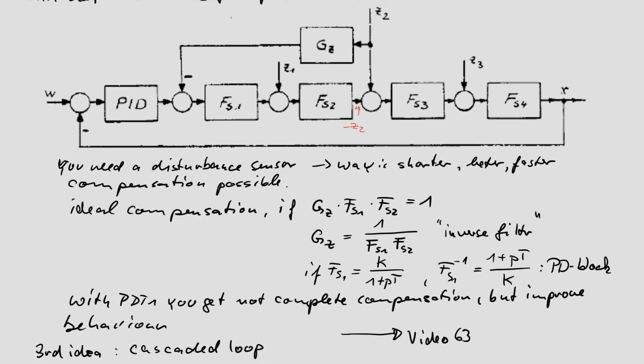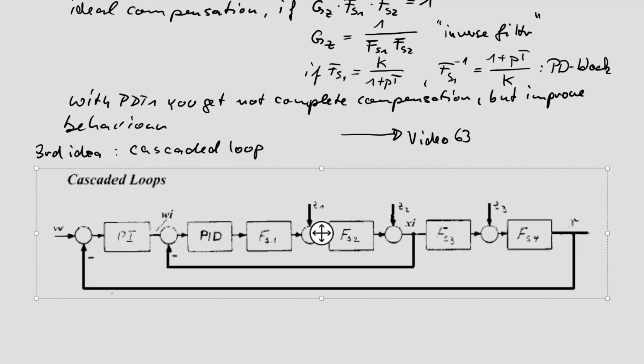The way is as short as in the previous example, but here you have a different principle, which has additional advantages. With this internal feedback, you see this loop behaves like a closed loop system.